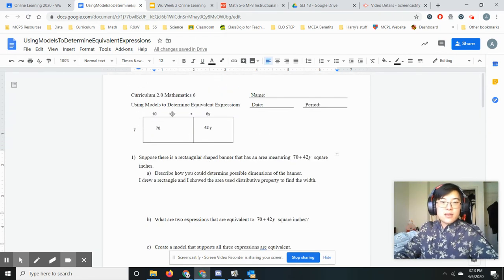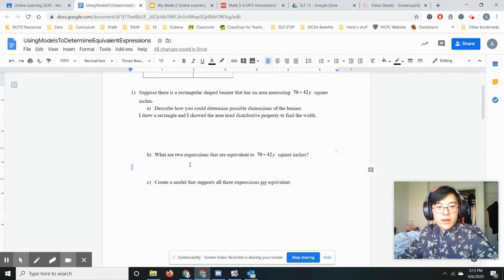The length is 10 plus 6y, and the width is 7. I might have switched it, but it doesn't really matter. I just know this is 7, this is 10, and 6y. I'm going to make this bold because this is my answer, or I can just change it to color.